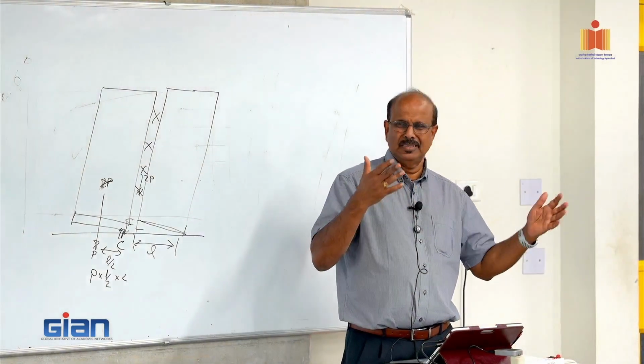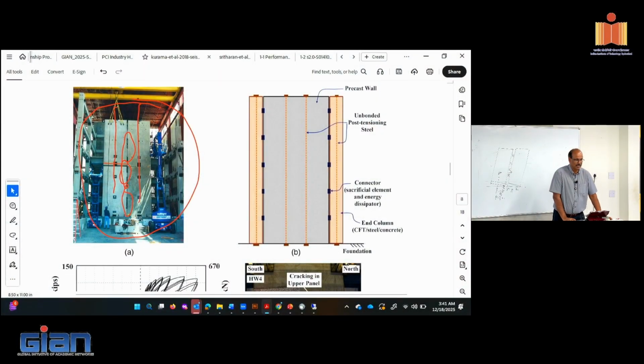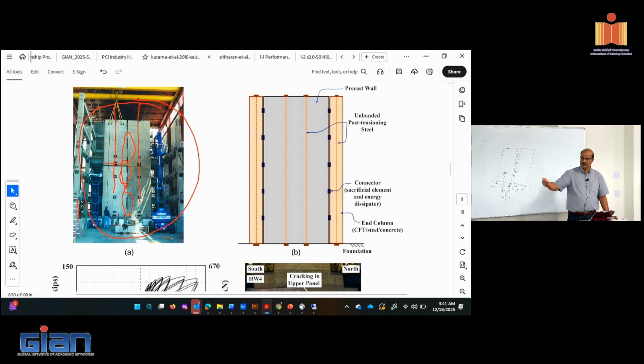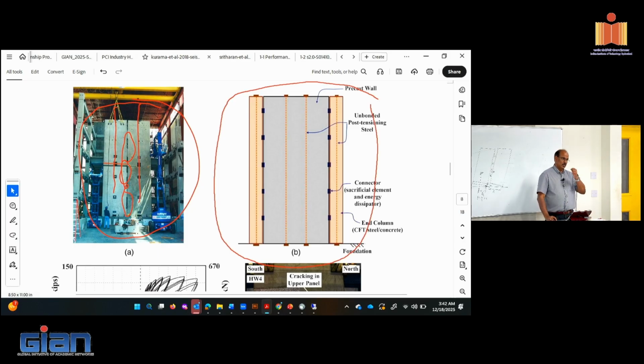So the cast-in-place folks said, well, it's not as efficient as our system, and precast doesn't have the same efficiency. That means you have to put more precast walls as opposed to a cast-in-place wall. That's when we introduced what we call PreWEC, which stands for precast wall with end columns. That's what's shown here. I looked at it and said, well, lever arm is cheap, I mean, it's free. You want to maximize it.